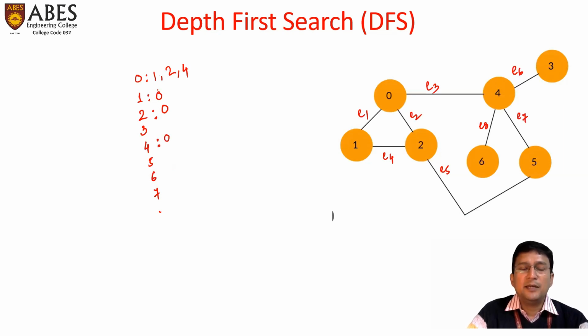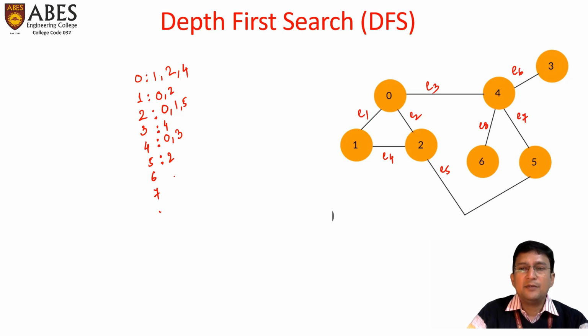For E4, the connection is 1 to 2, so the connection will be from 2 to 1 as well. For E5, we have a connection from 2 to 5, so another connection will be from 5 to 2. Next, we have the edge E6, which is 3 to 4. So the connection is from 3 to 4, and it will be represented from 4 to 3 as well.